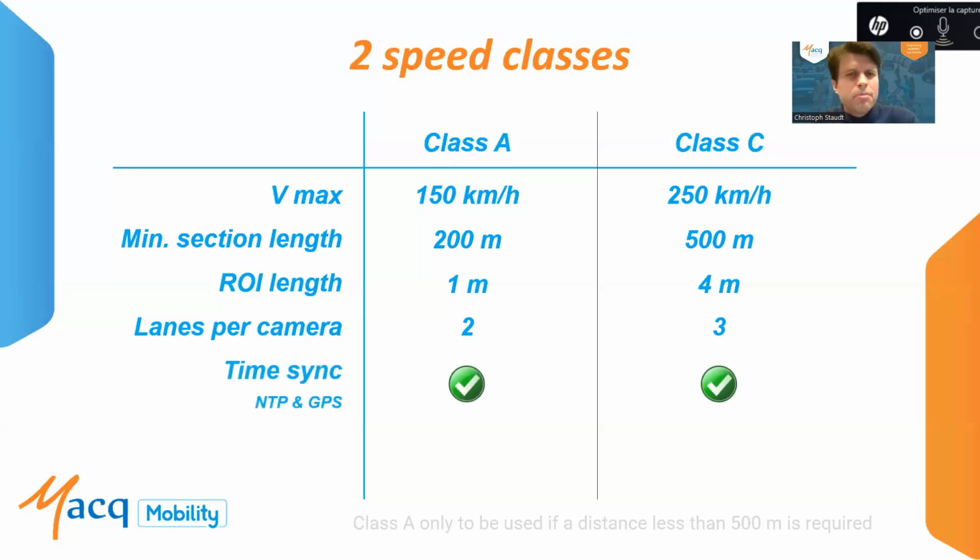Both are highly accurately synced from the time perspective via two independent time sources: one on the NTP time server and the other on GNSS, here an example of GPS. And last but not least, the new feature on both: the field of view monitoring feature is available on Class A and on Class C.